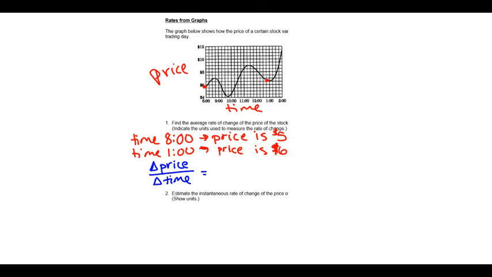The price at time 1, which is $6.50, minus the price at time 8, which is $5.50, all over the amount of time that has elapsed. So from 8 o'clock to 1 o'clock, only 5 hours have passed. So when we simplify this, we have $1 over 5 hours, which is equal to 0.20 dollars, or 20 cents, per hour.